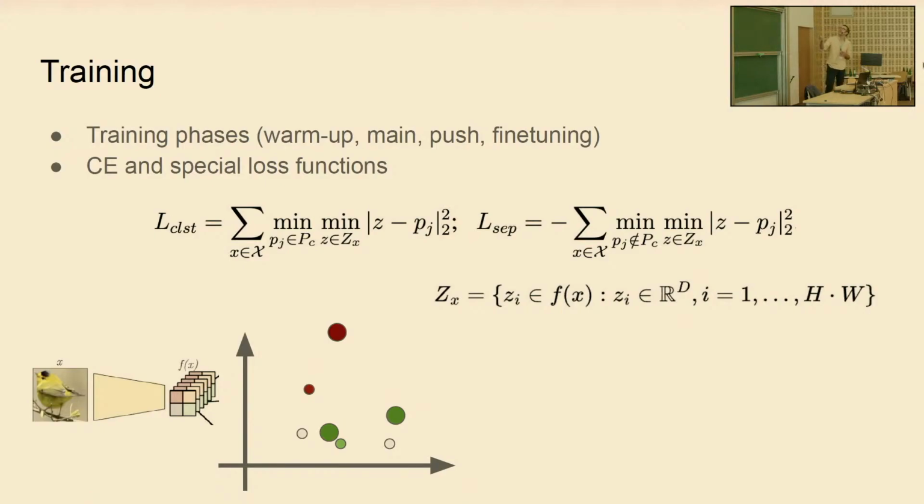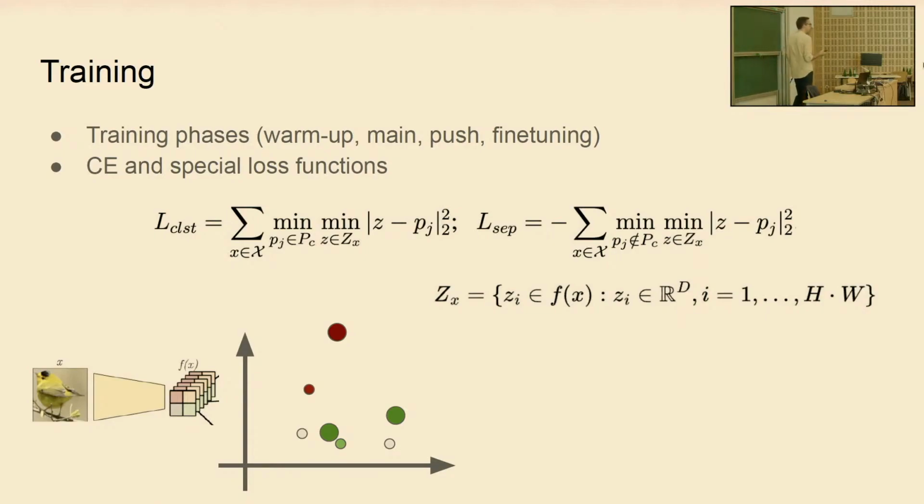Okay. We want to repel the patches of the green class from the patches of the red class. So we want an example of a sparrow to be close to the prototypes of sparrow, but far away from prototypes of other classes, okay?